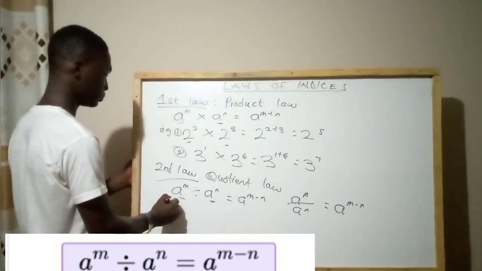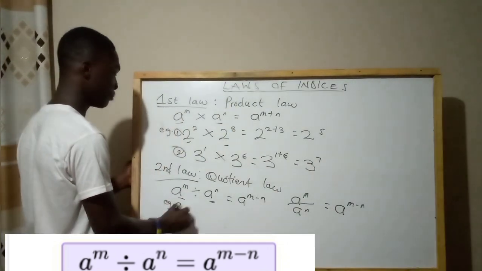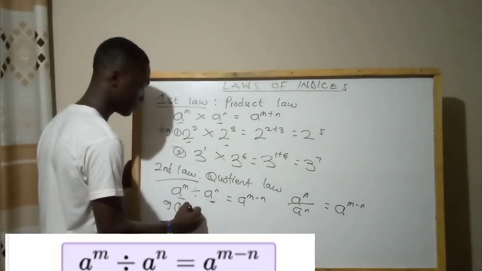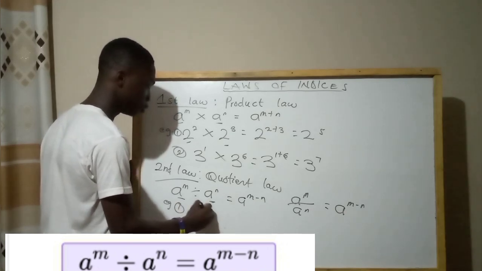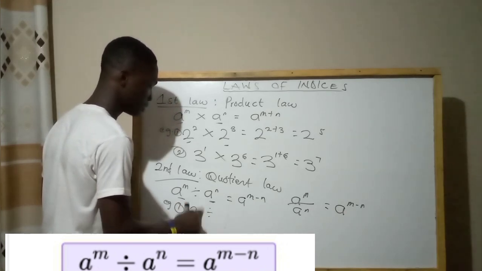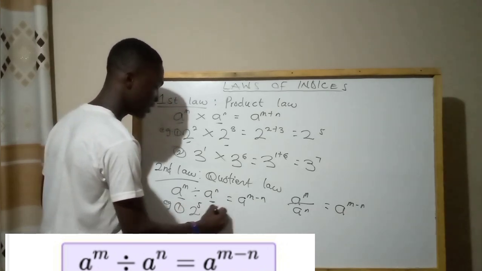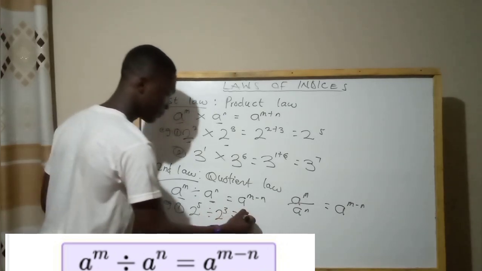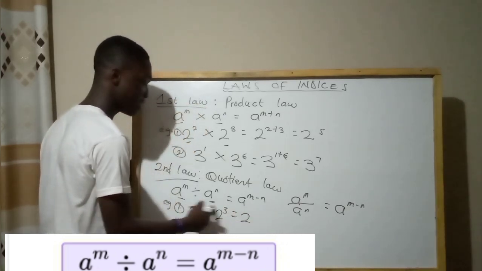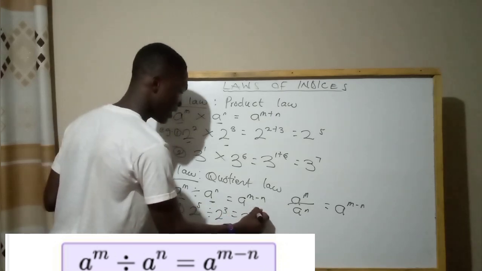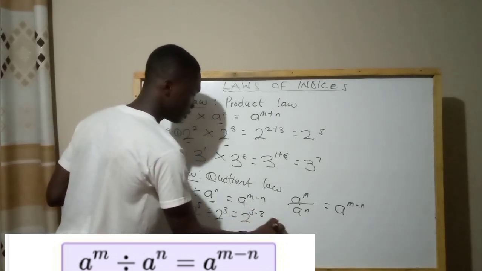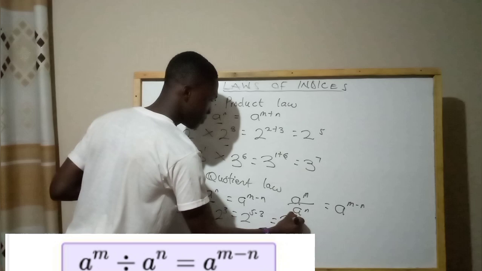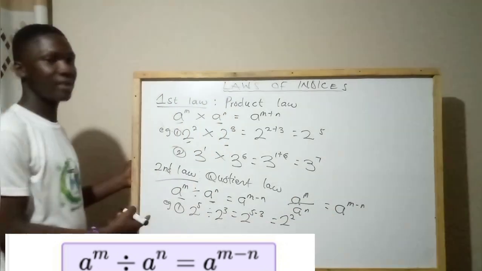So example, we have example 1. Let's take 2 power 5 dividing 2 power 3. Take one of the bases and then subtract the exponents. So we get 5 minus 3, giving 2 power 2 as our final answer.